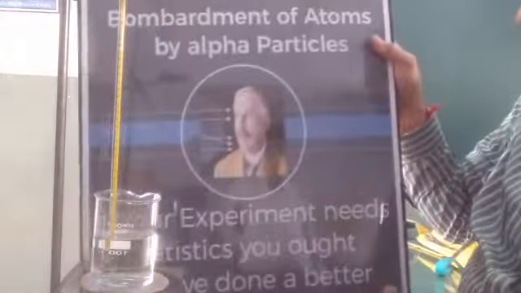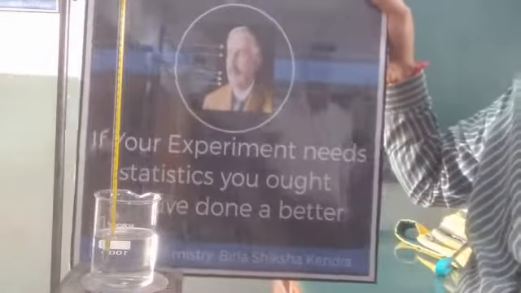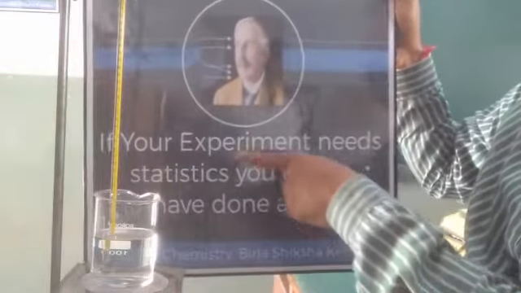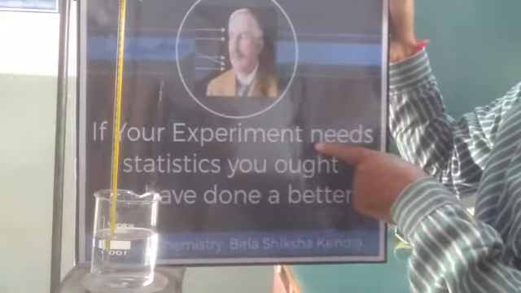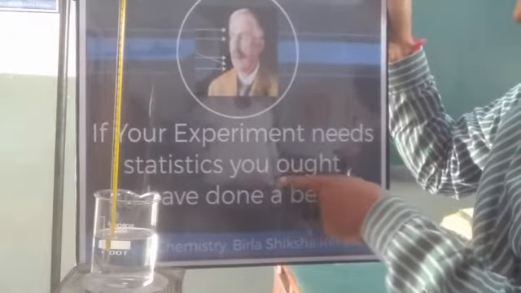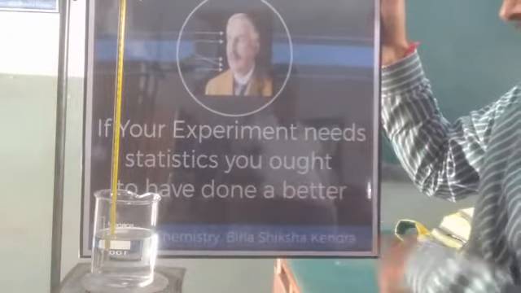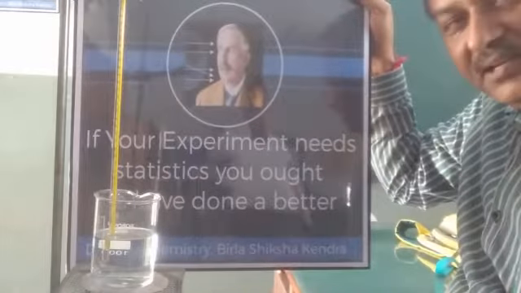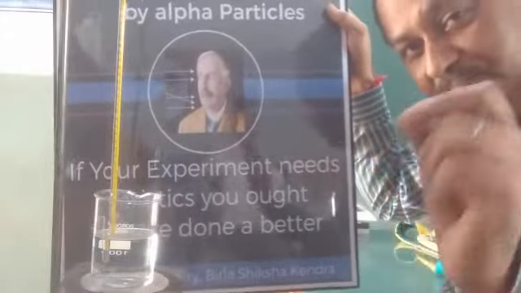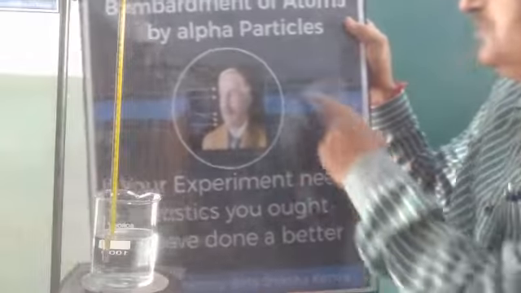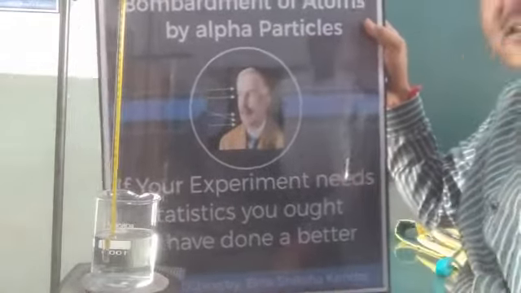And a scientist named Rutherford has said, see, this is a very important point. See the very famous quotation of Rutherford. What is written? If your experiment needs statistics, you ought to have done a better experiment. It means you have to do better from a statistics point of view. So this is Ernest Rutherford.